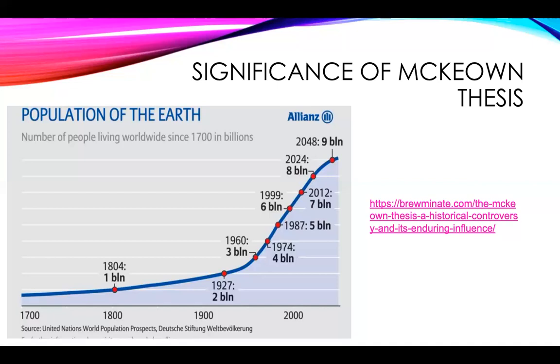Now, his thesis is controversial, and I give you a link to an article in case you found this interesting and you wanted to do a little bit more reading and study of it. But I think the article has an interesting conclusion, which is basically that the main argument of the thesis winds up being correct, even if the data that he used was not.